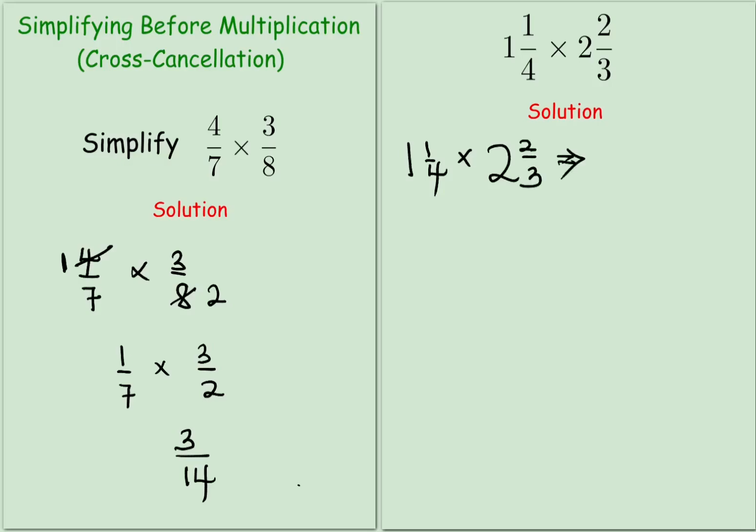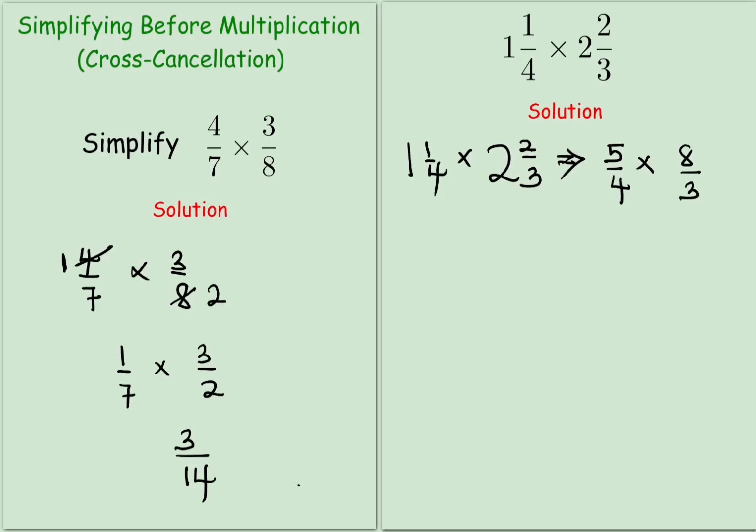First of all, since they are mixed fractions, you change them into their improper forms. 1 times 4, giving you a 4, plus 1, we have 5. So you have 5 over 4, then times 2 times 3 gives you a 6, plus 2, which gives you an 8. So you have 8 over 3. This is what you have now.